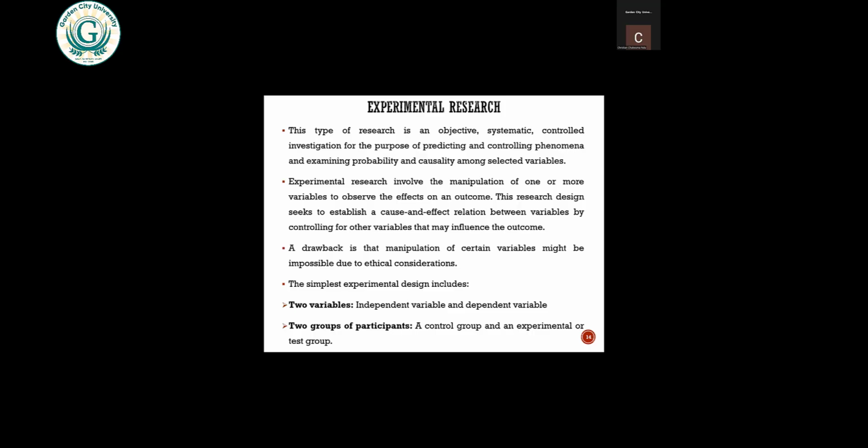And the outcome you want to see is the rise, or the degree of rise, in hemoglobin level. So that is an experimental research. You have manipulated the independent variable to see how it is going to affect the dependent variable.